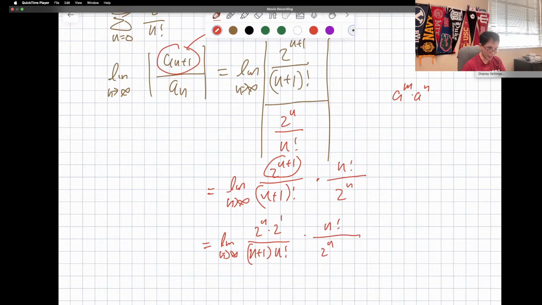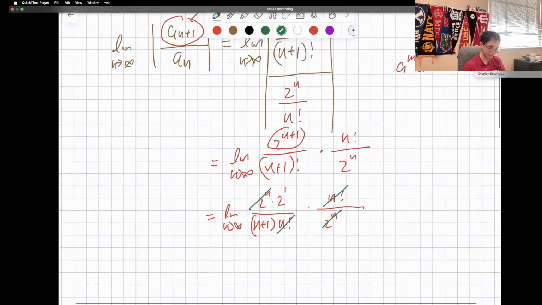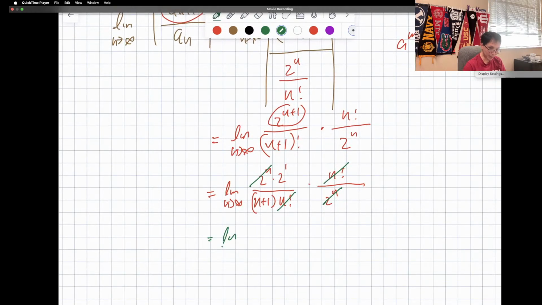And this is 2 to the n. Now this will simplify, and the limit as n approaches infinity of 2 over n plus 1 is roughly equal to 0, which is less than 2.